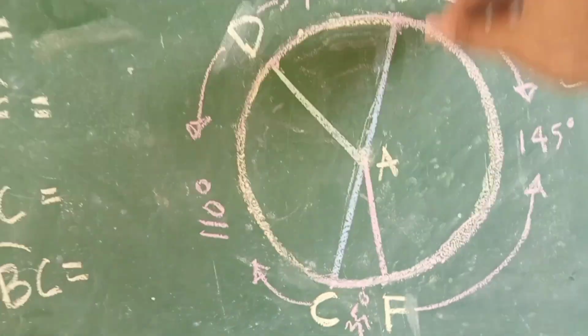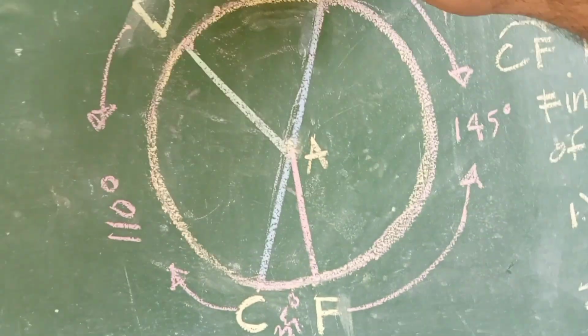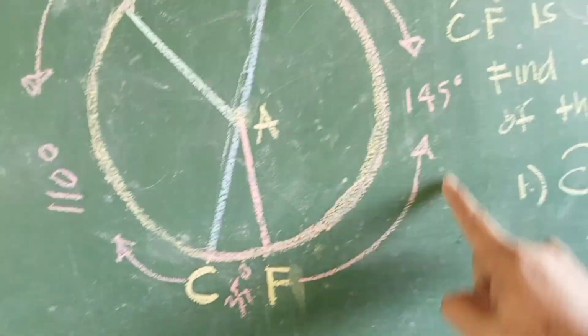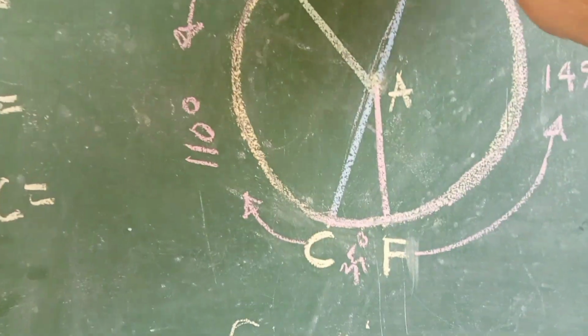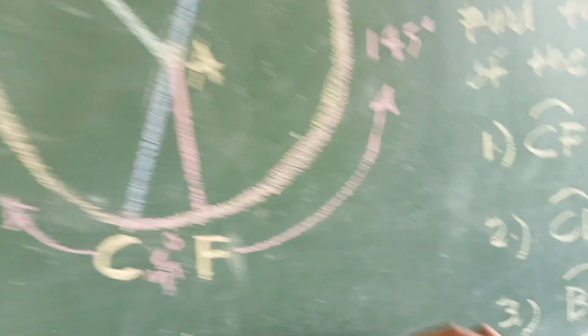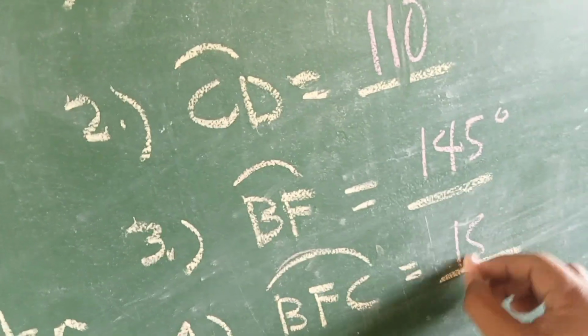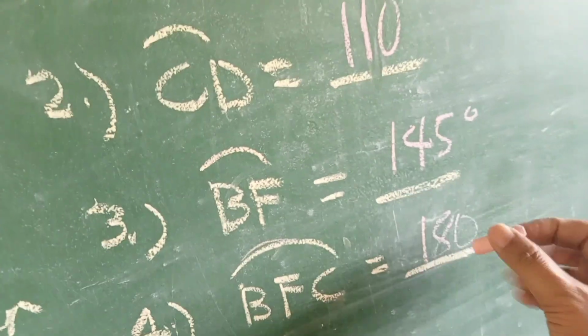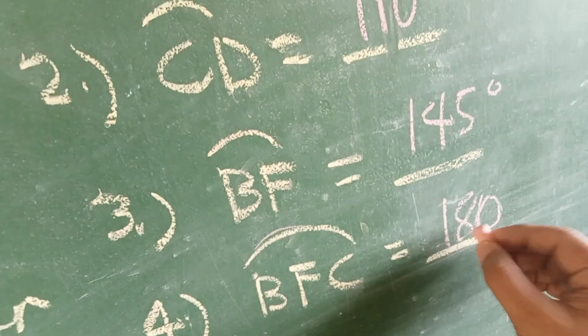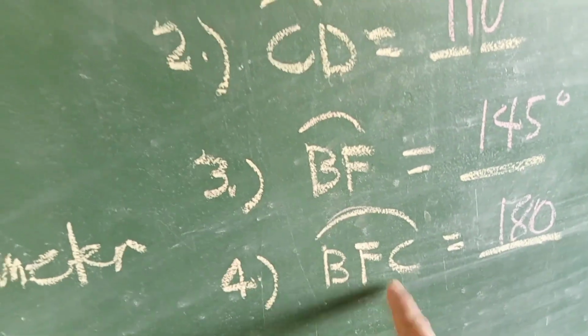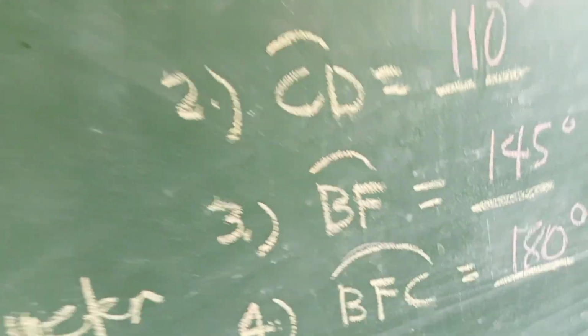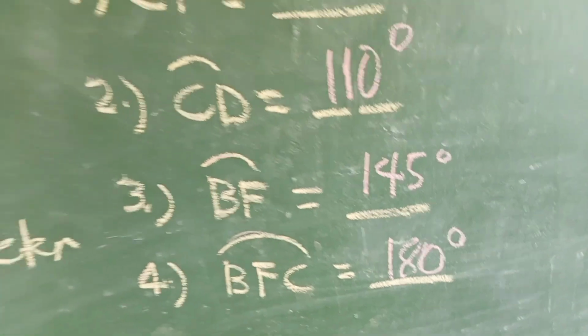And you can also check that by adding 145 plus 35. This portion here is exactly 180 degrees. So that's how you should analyze to get the exact measure of arc BFC.